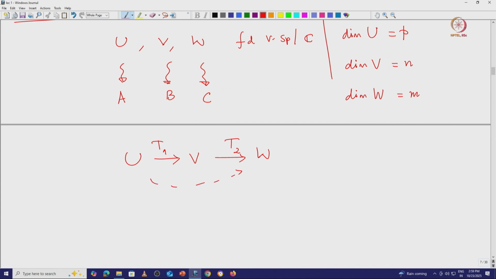By composing them we get the linear transformation T2 composition T1.